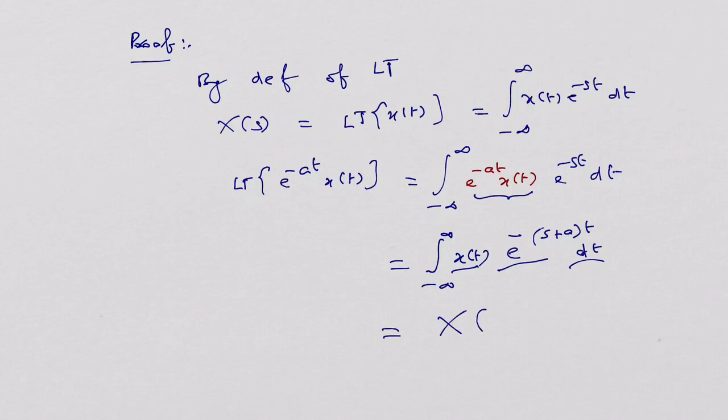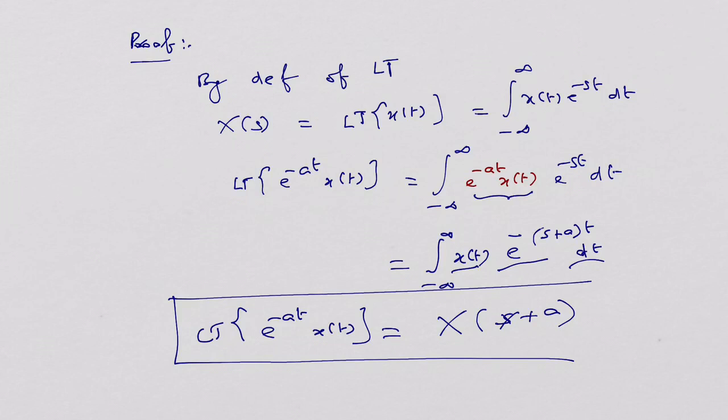Now in e power minus st, in the place of s, you will get s plus a, so this will be X of s plus a. That's why we say the Laplace transform of e power minus at into x of t is given by X of s plus a.